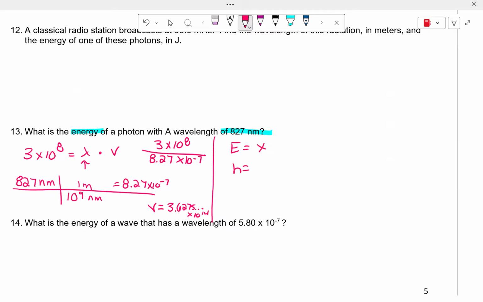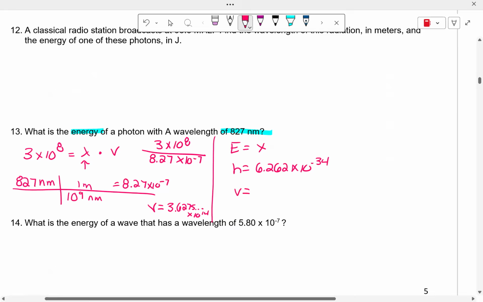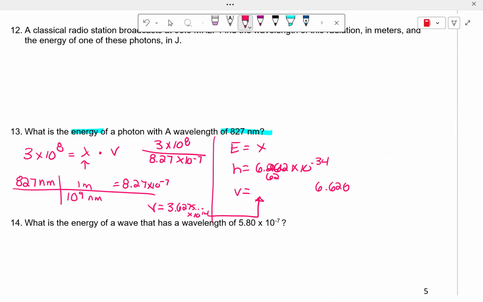I always have H. And before I didn't have frequency, but now that I've solved the other equation, I can plug that number in for that. And so I end up taking 6.626 times 10 to the negative 34th, times my answer from the previous problem, so 3.62 and so on, times 10 to the 14th.